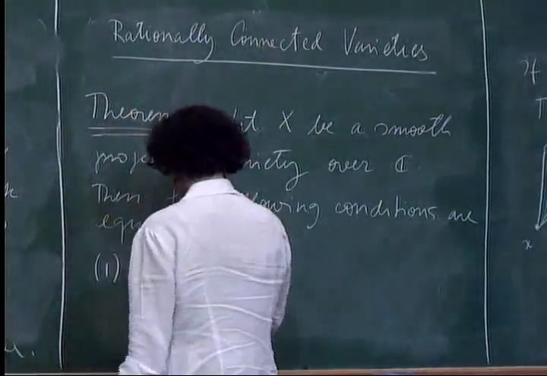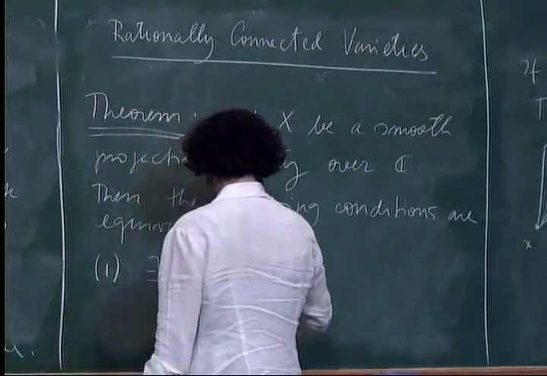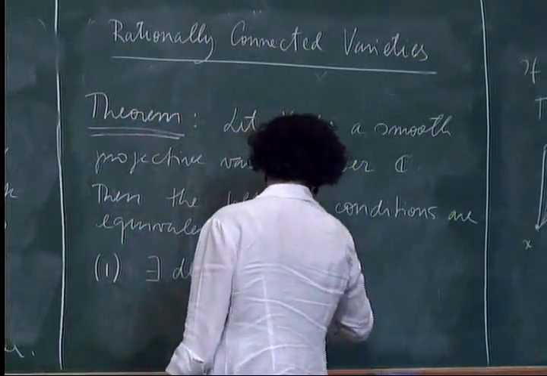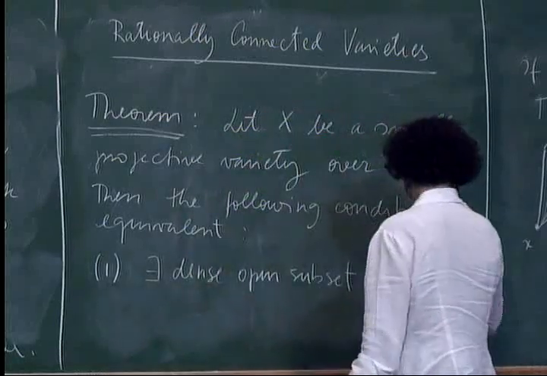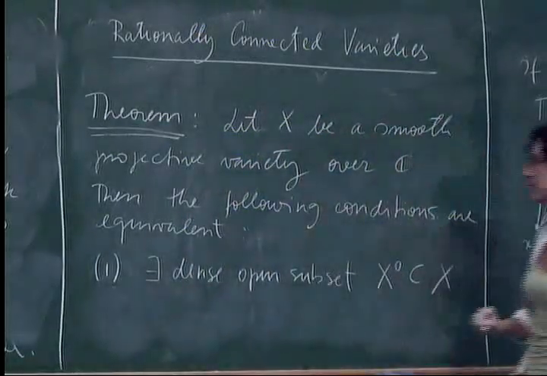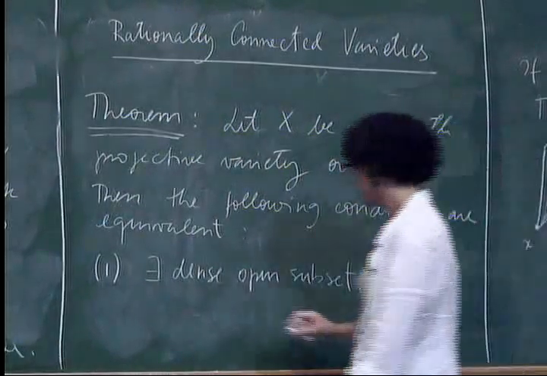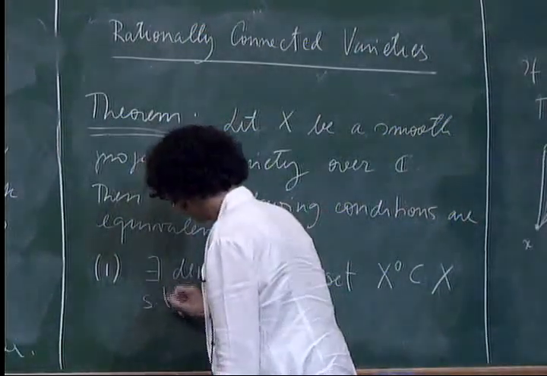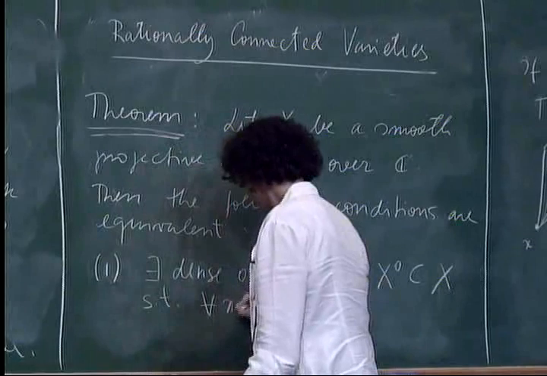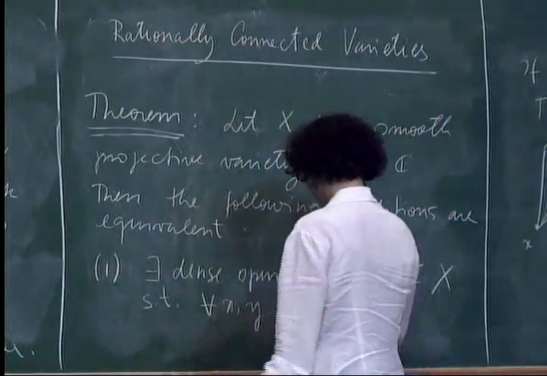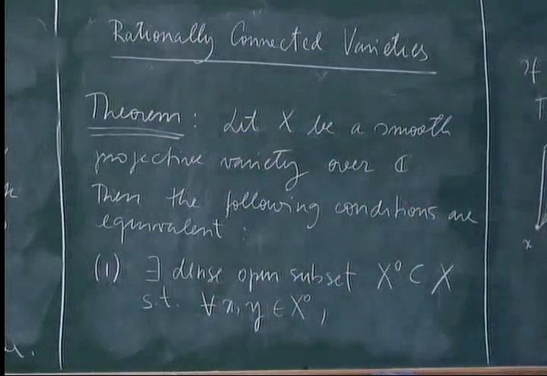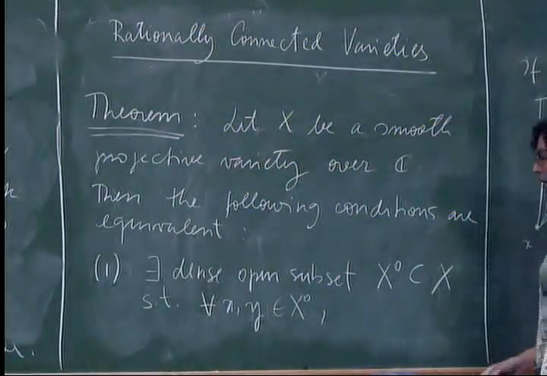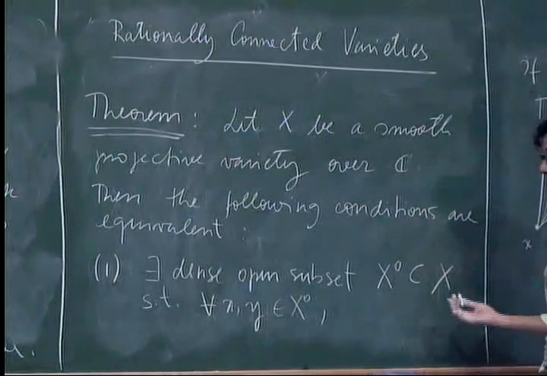So the first: there exists a dense open subset X naught in X such that for any 2 points x and y in X naught, there is a chain of rational curves that connect them. In a sense, this is the weakest condition of rational connectivity that you can think of.